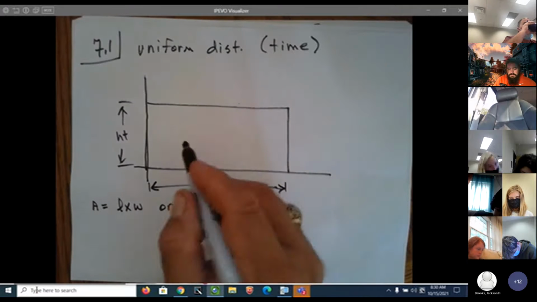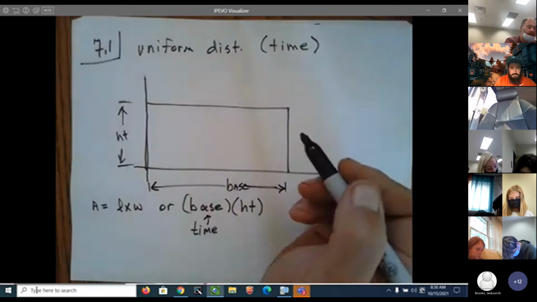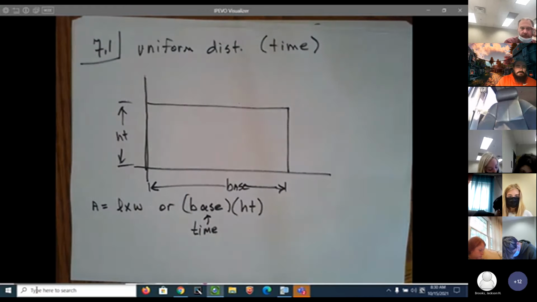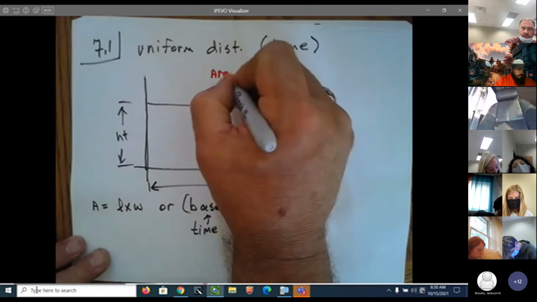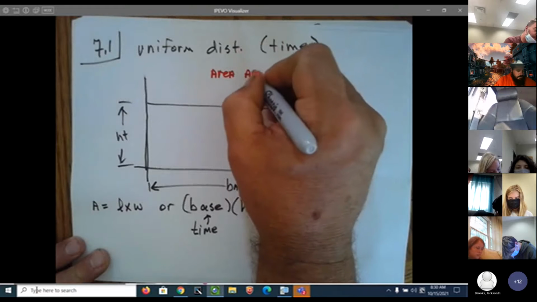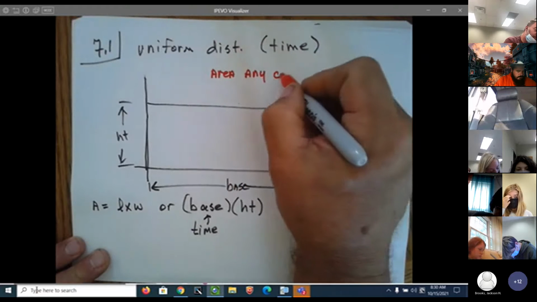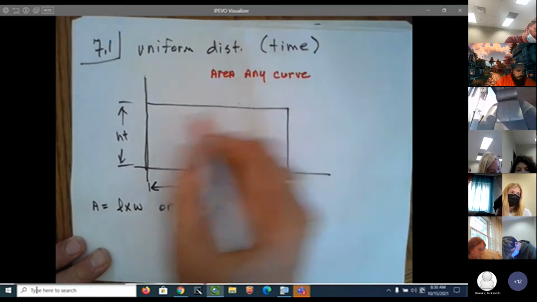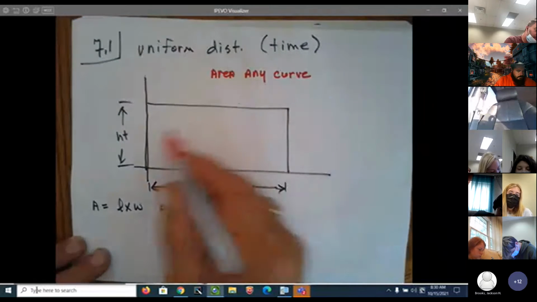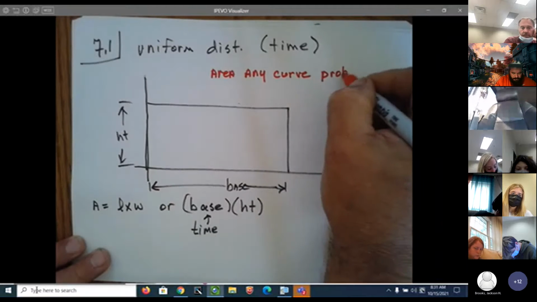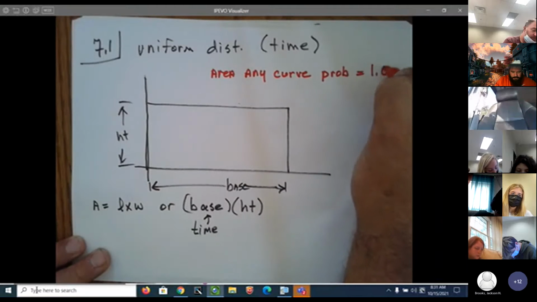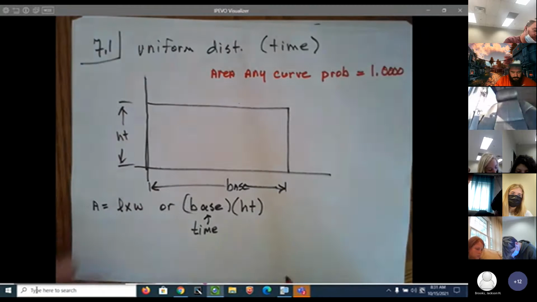The area under the curve, the area under any curve, I'm going to put this in red because somebody's going to ask, where'd that 1 come from? The area for any curve in probability and statistics, and this does constitute as a curve, even though it's a box, in probability is equal to 1.0000.